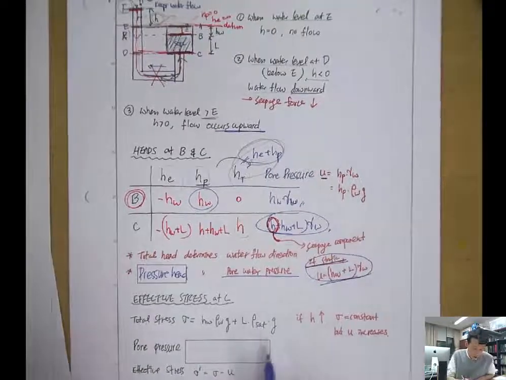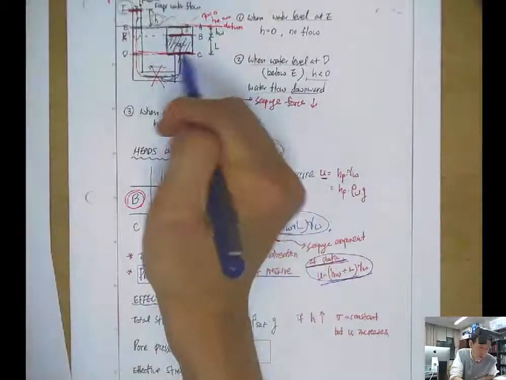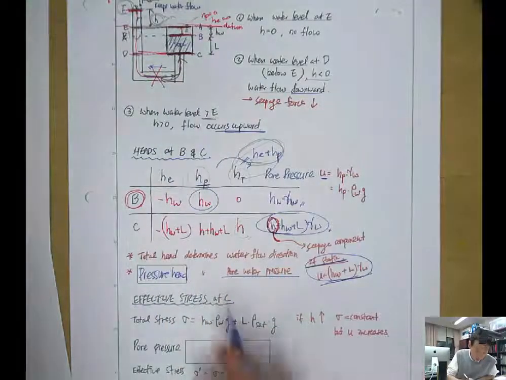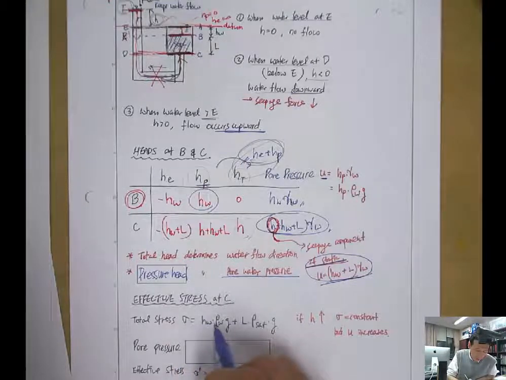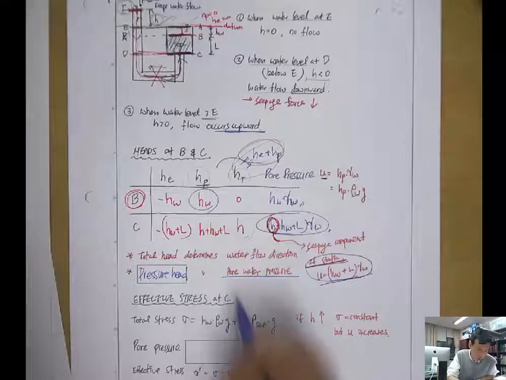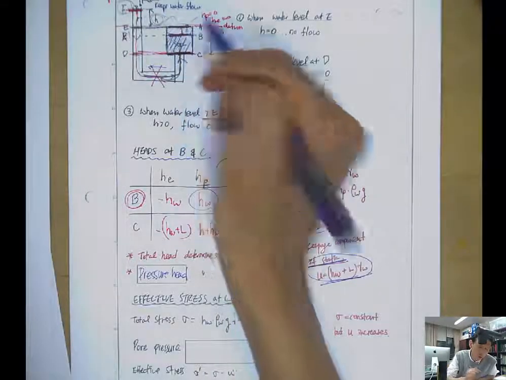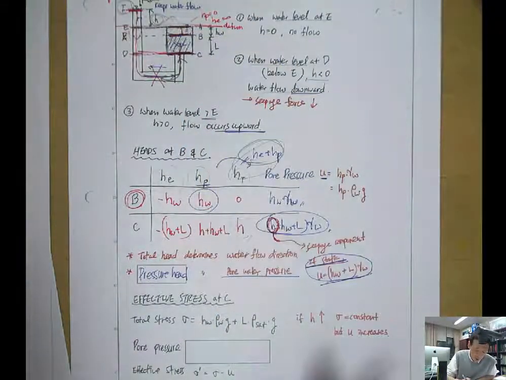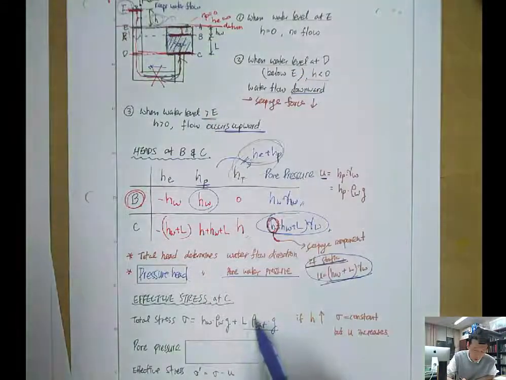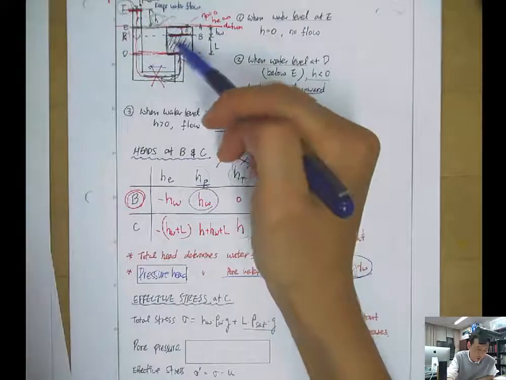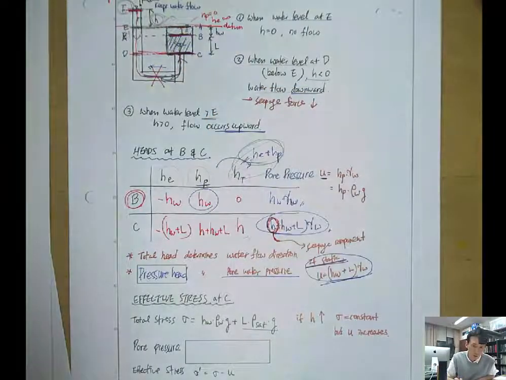The total stress at the bottom of the soil here at C, the total stress sigma, is HW times rho W times G. So that's the weight of this water column over the soil. And here, L times saturated density rho sat times G. This is the weight of the saturated soil.